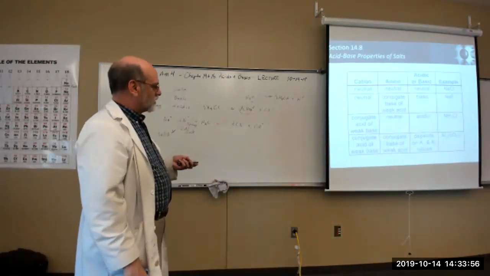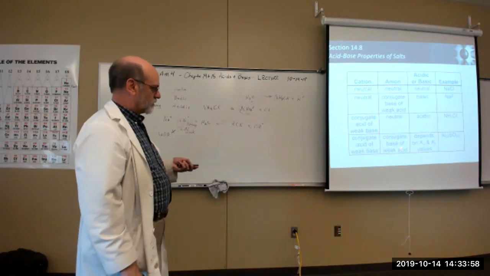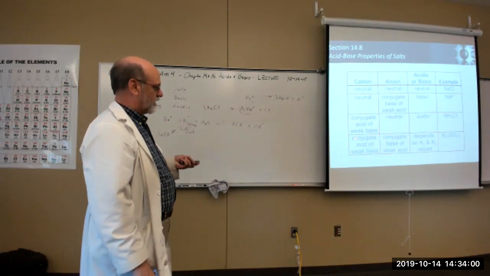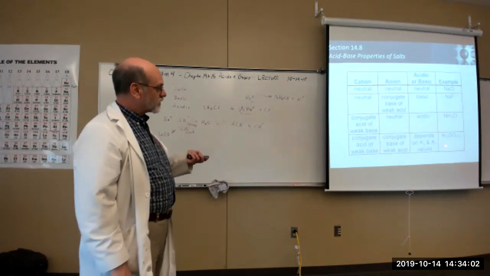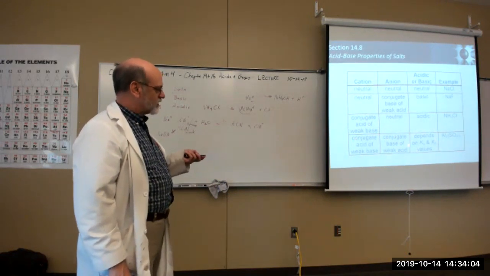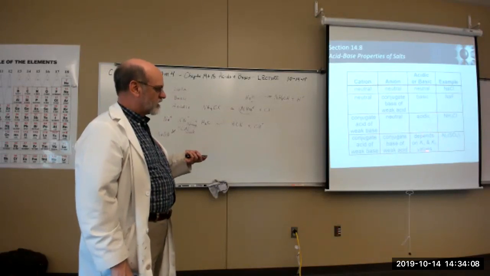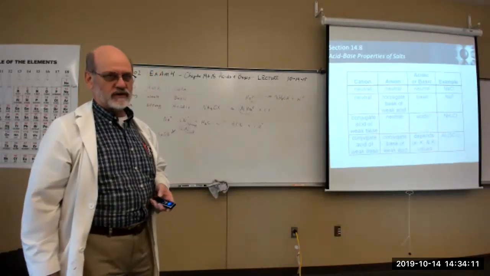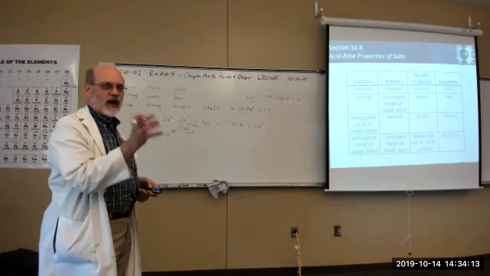Now, what if both of them are weak? If both of them are weak, you have to compare the Ka of the acidic origin and the Kb of the basic origin and find out which one dominates.